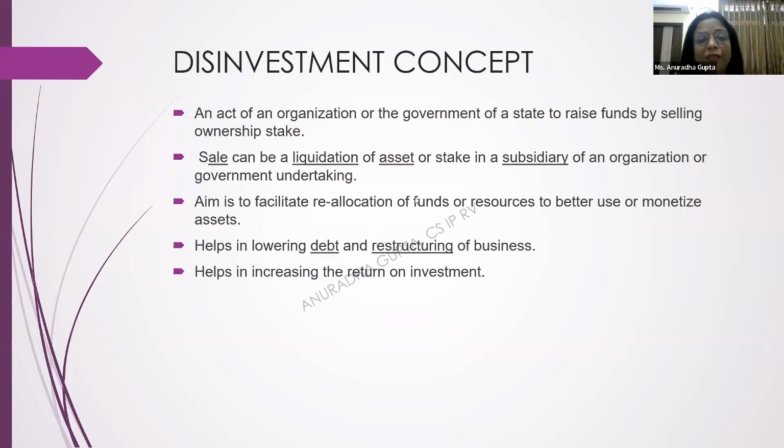So the aim is to facilitate reallocation of funds or resources to better use or monetize assets, help in lowering debt and restructuring of business. Most of the government companies right now are facing some losses, right? The debt structure is very imbalanced. So in order to lower the debt and restructure and reorganize the business, the disinvestment process is undertaken. And obviously, the increase in return on investment.